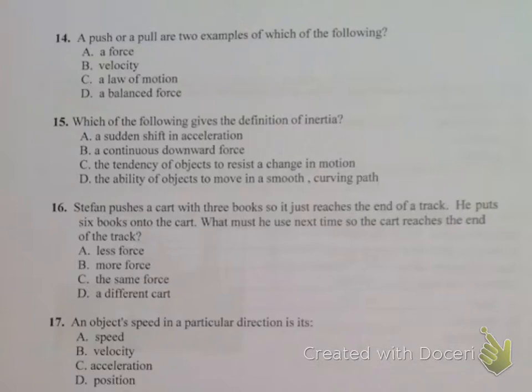All right, turn the page. Number 14. A push or a pull are two examples of which of the following? A, a force, B, velocity, C, a law of motion, or D, a balanced force. Number 15.